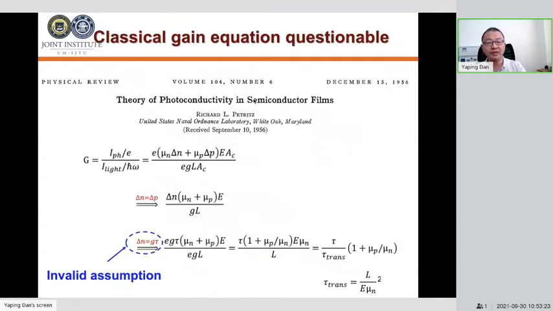That means the classical theory's assumption that delta n equals g times tau is not valid for a real semiconductor-metal device because of the boundary confinement. The excess carrier is not only a function of space, but also a function of voltage.